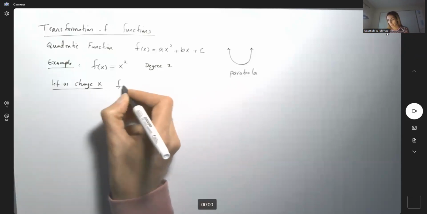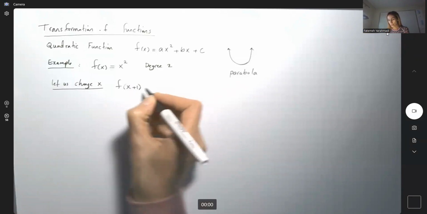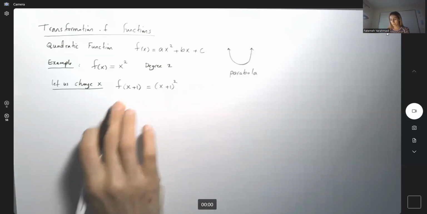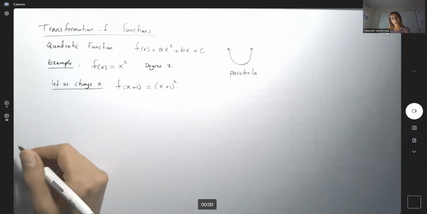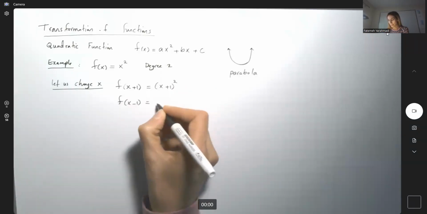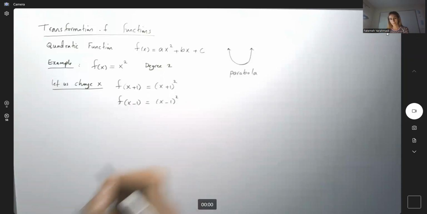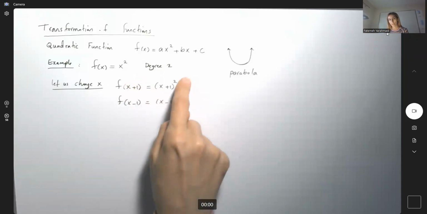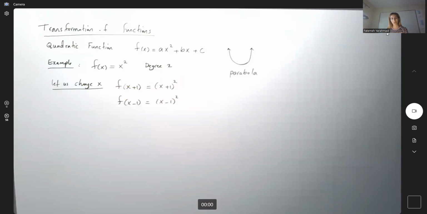For example, if I add 1 to x, I get x plus 1 to the second power. If I subtract 1 from x, I get a new function. But what's the relation between the graph of x squared, x plus 1 squared, and x minus 1 squared? Let's take a look at Desmos together.